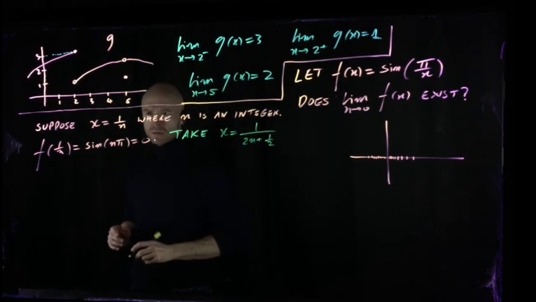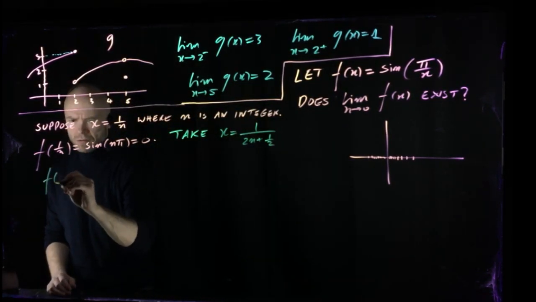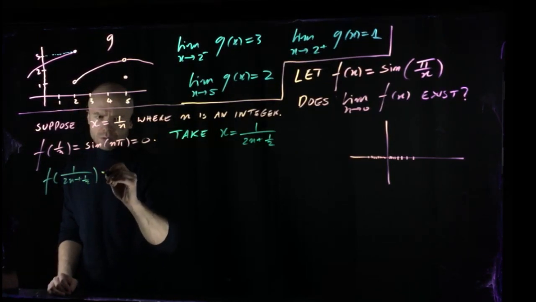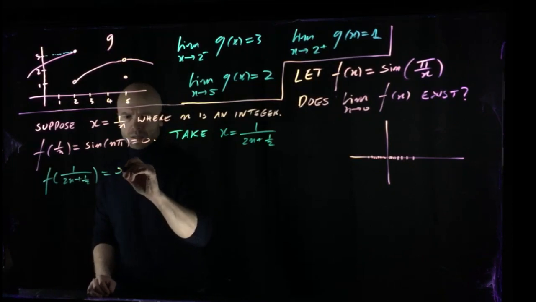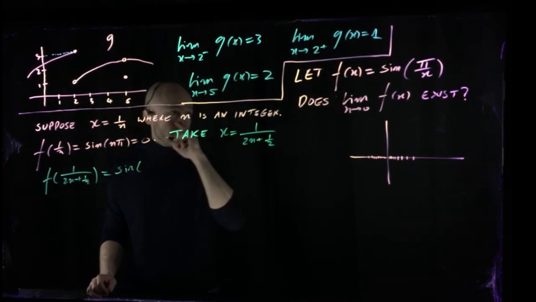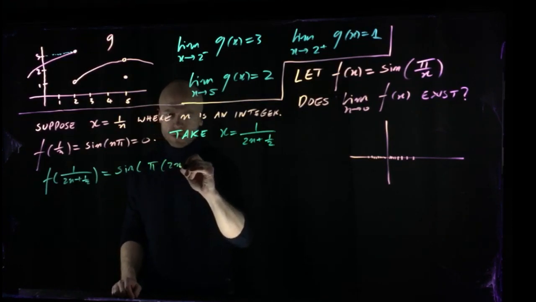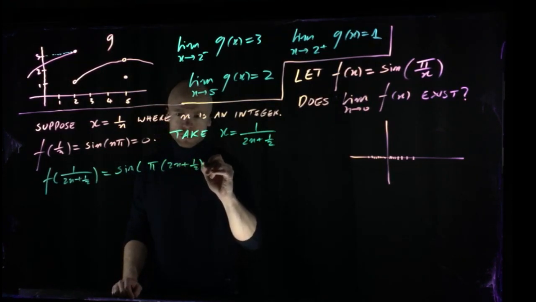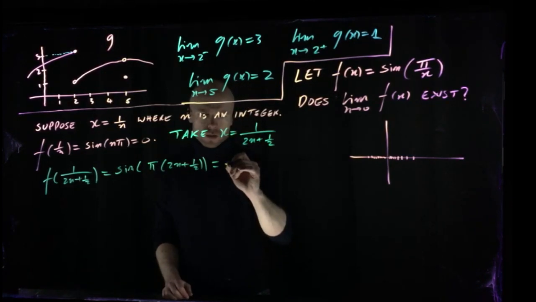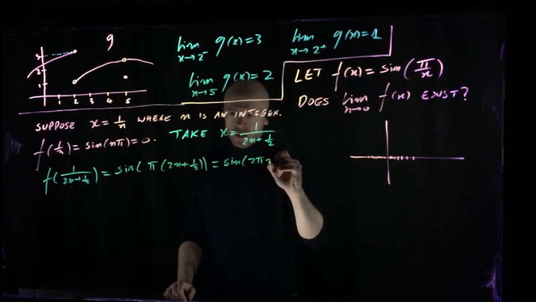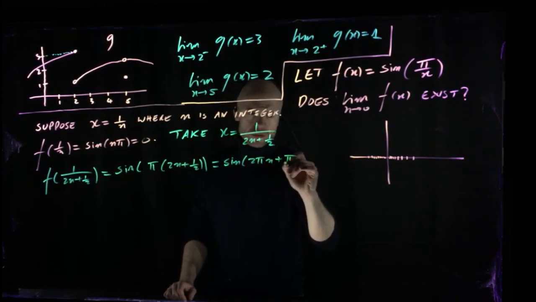Let's see what happens then. So f of 1 over 2n plus 1 over 2. What are we going to get? We're going to get sine of pi times 2n plus 1 over 2, which is sine of 2 pi n plus pi over 2.